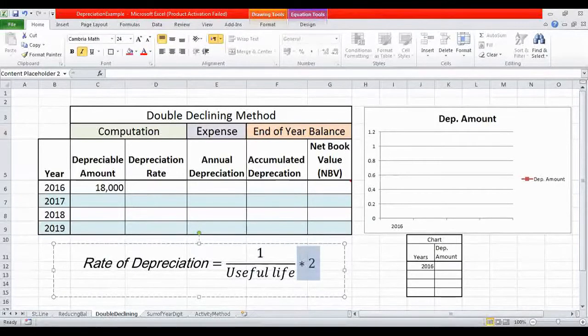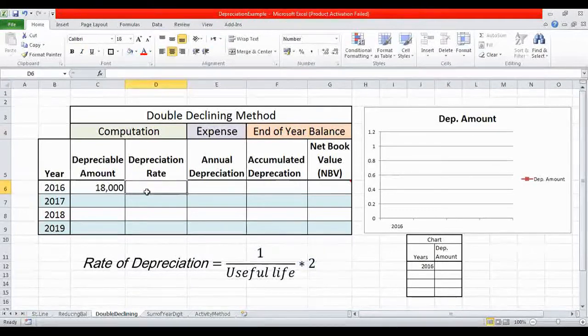So we will start this method with 18,000, exactly the same schedule. We are not changing the schedule so that you do not get confused by different schedules. So 18,000, if we use the depreciation rate formula which is in front of you, then the depreciation rate comes out to be 50%.